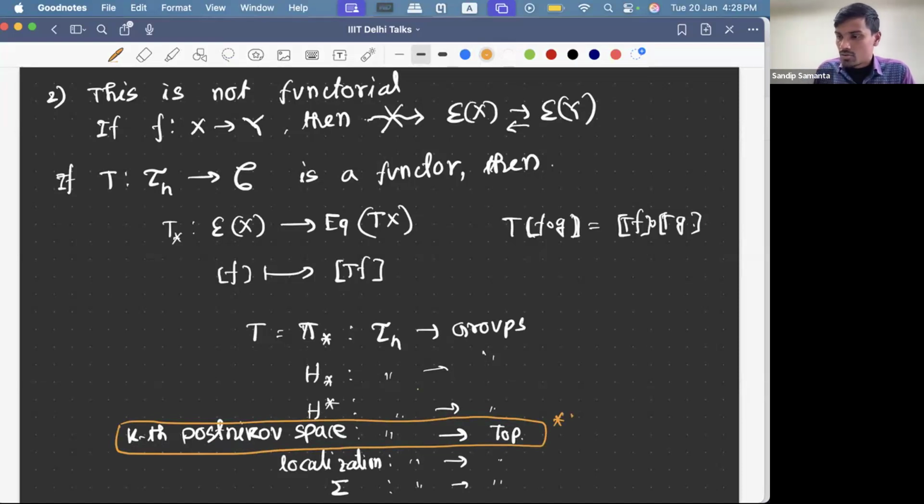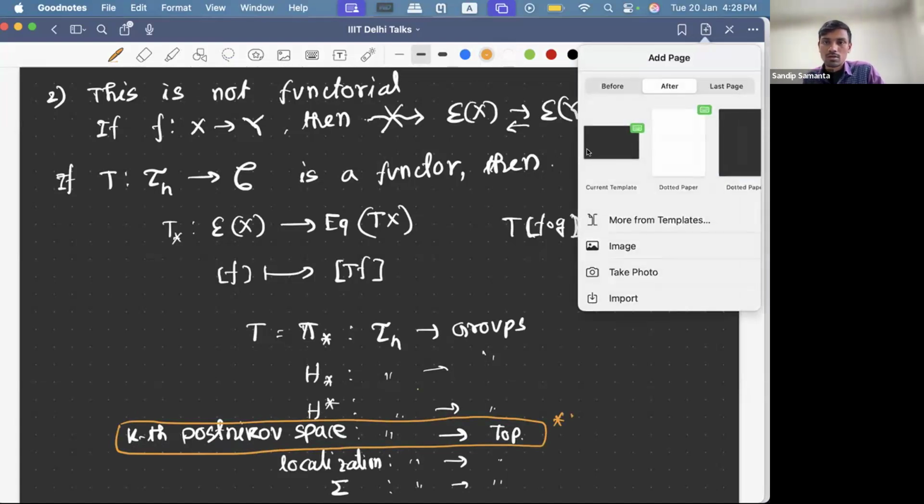Okay, so now let's proceed further. There are some classical results which are already known. Some literature survey.